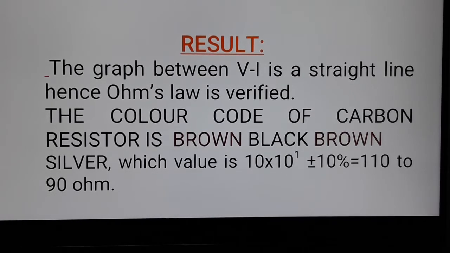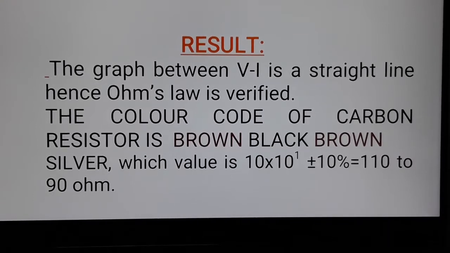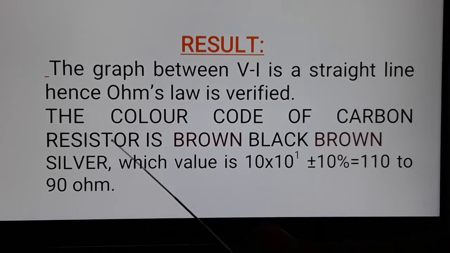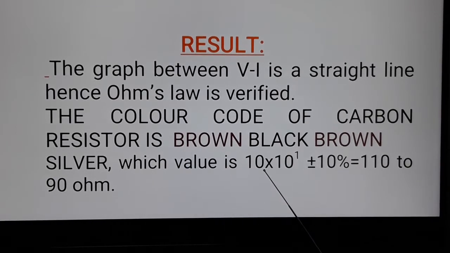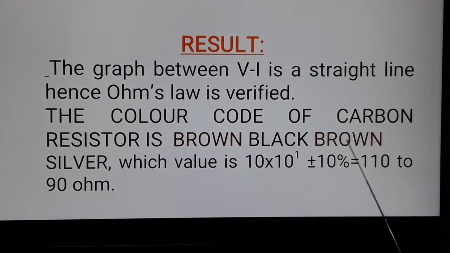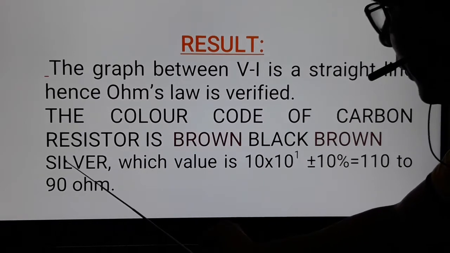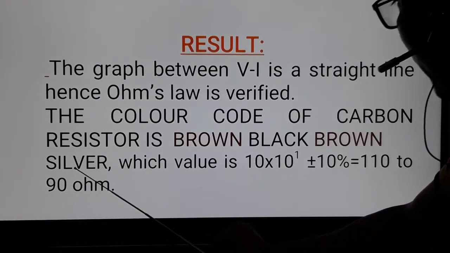The color code of the carbon resistor, which is used in our experiment in place of resistance, is brown, black, brown and silver, which means 1, 0 for brown and black, and the multiplier 10 power 1 for brown, plus minus tolerance 10% for silver.